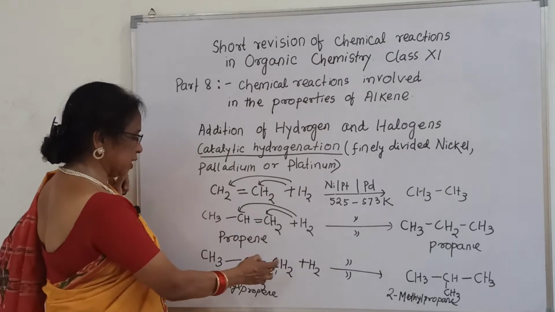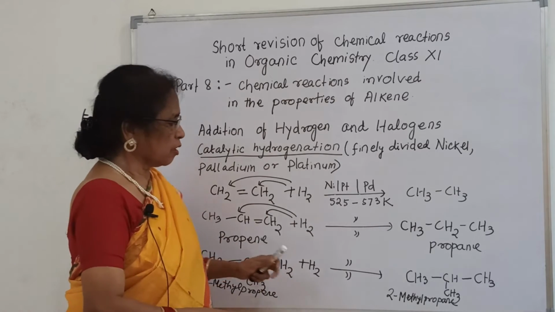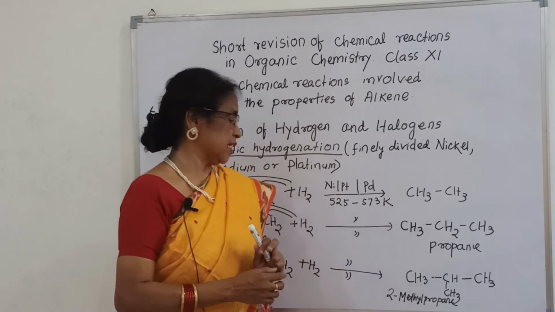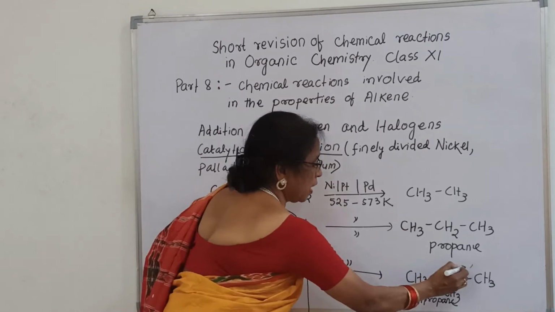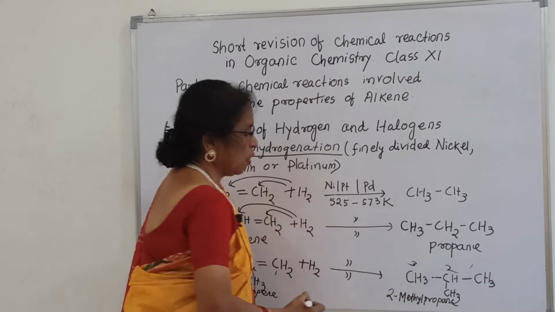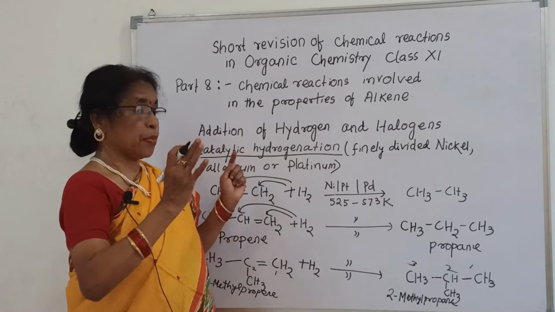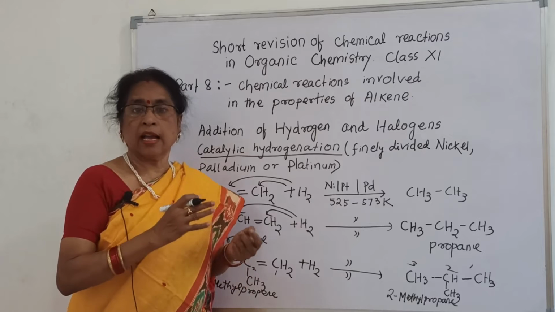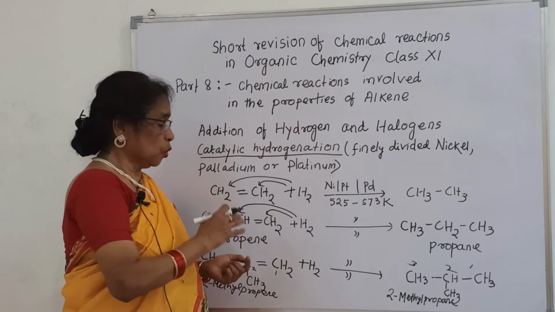And what happens here, one hydrogen comes to here, and the compound is CH3, CH, branch CH3 and CH3, that means CH3 is a substituent. So what is the name? 1 2 3, that means 2-methyl propane.